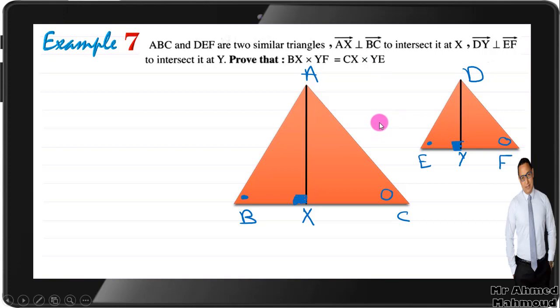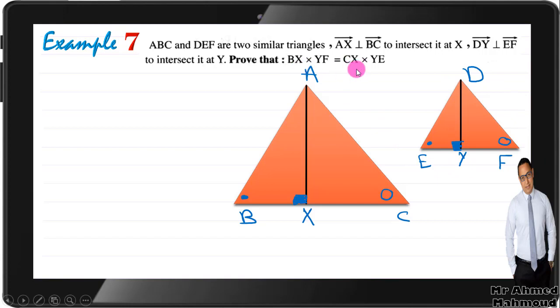By looking carefully at the two triangles, we have three pairs of similar triangles: ABC and DEF; AXB and DYE; ACX and DFY.